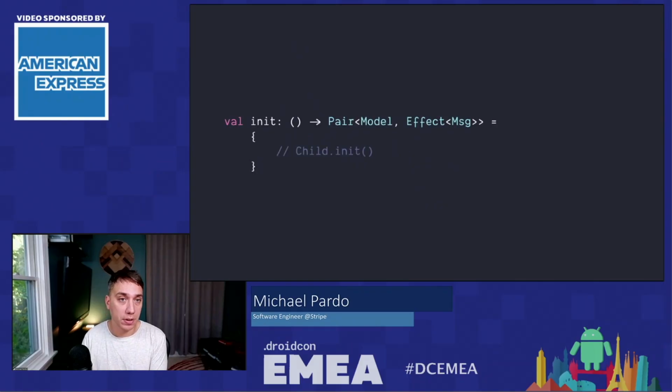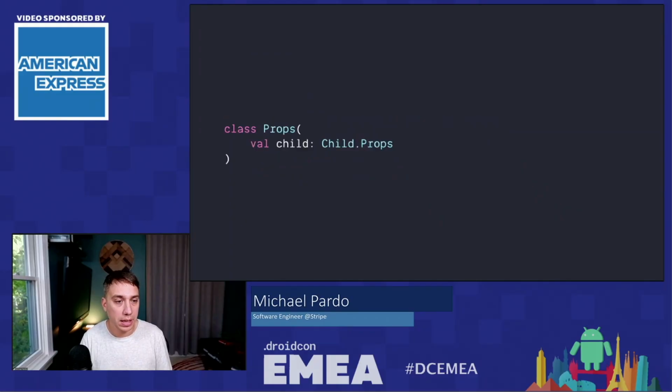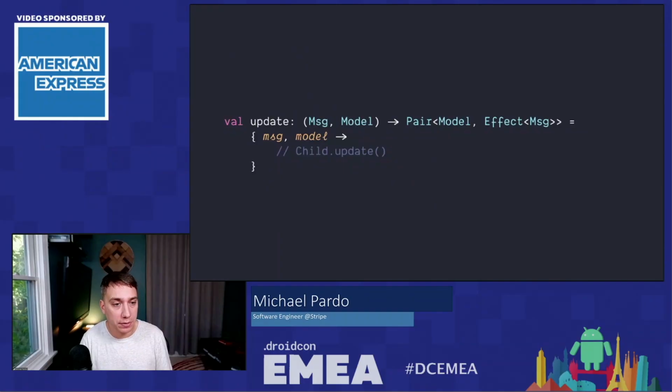The parent init function delegates to the child init function to compose the initial state and any side effects that the child component wants to run. And the parent update function delegates to the child update function, again to get the child's model and effects to run and compose that with itself.